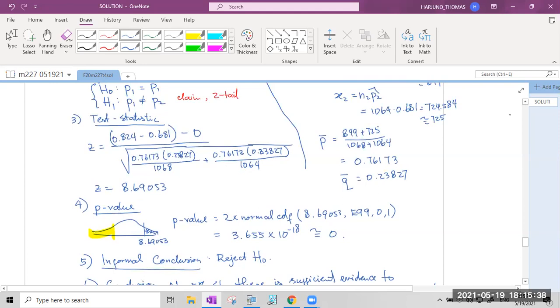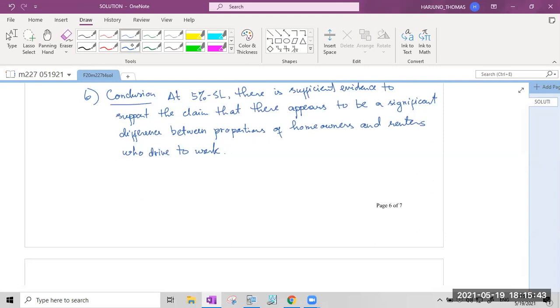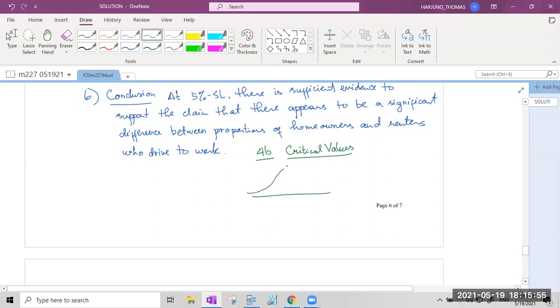Now let's take a look at the critical values, 4B. It's two tails, so I use critical values. That's the standard normal distribution. The area of the tail is 5% divided by 2 tails, that's 2.5% each.